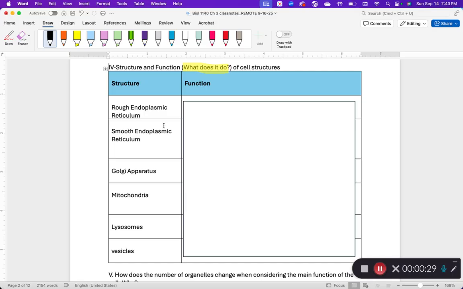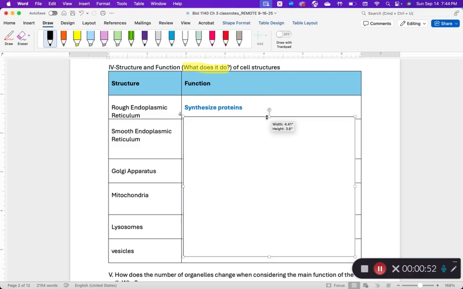The different structures we're going to focus on for this chart are rough endoplasmic reticulum, smooth endoplasmic reticulum, Golgi apparatus, mitochondria, lysosomes, and vesicles. So these are those different parts, and we're going to ask, what are they going to do? The rough ER synthesizes proteins.